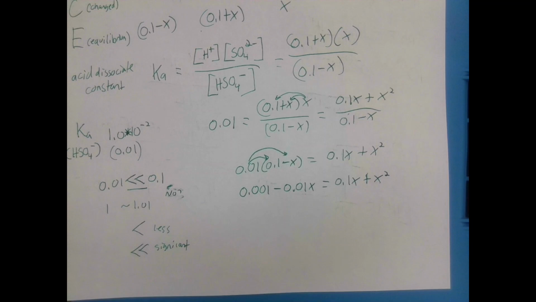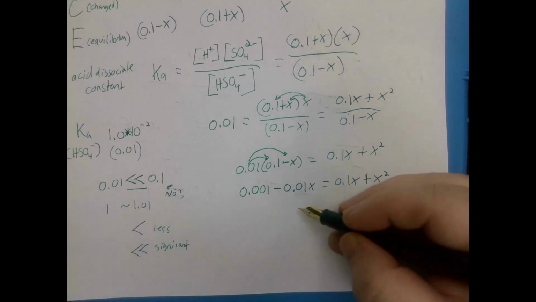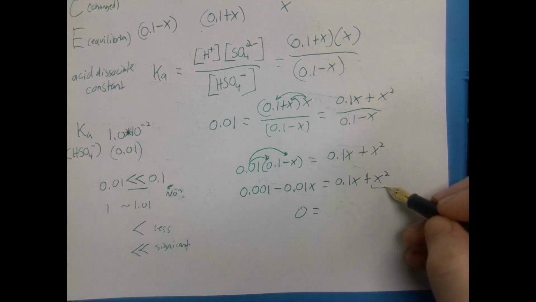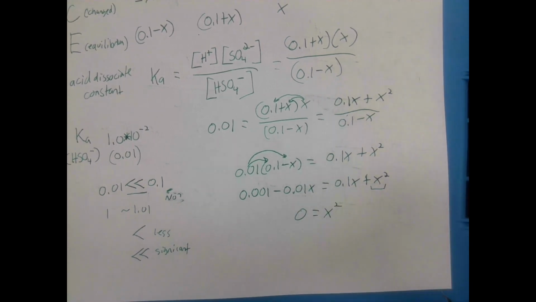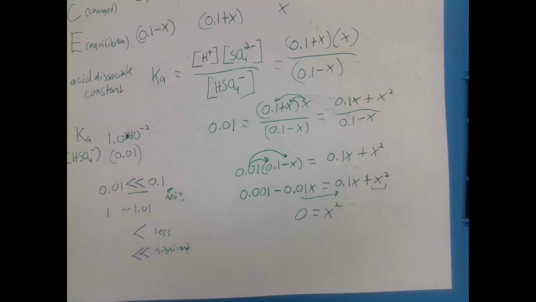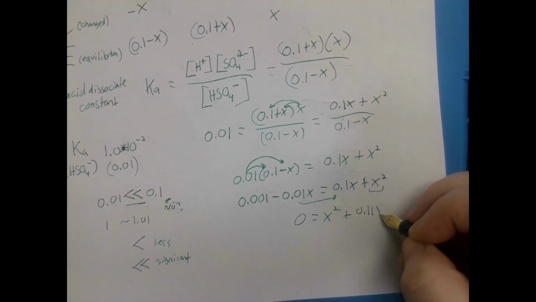Moving everything to the same side, I always like to begin with x squared. So I get x squared. Moving this over here, I do it by adding, so it'd be 0.1 plus 0.01, so plus 0.11x.